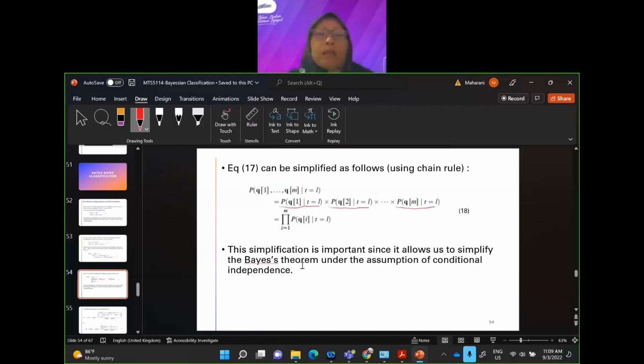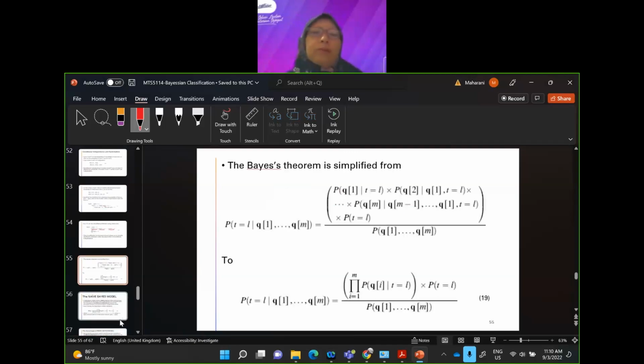This simplification is important since it allows us to simplify the Bayes theorem under the assumption of conditional independence. This also affects the Bayes theorem, because previously Bayes theorem was used where the events are not independent. But now, since we assume conditional independence, of course we get a simpler Bayes theorem, which is this.